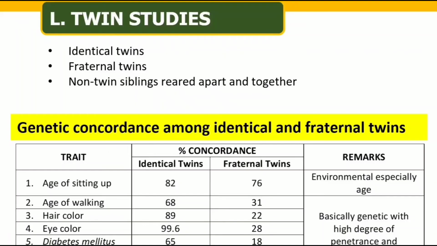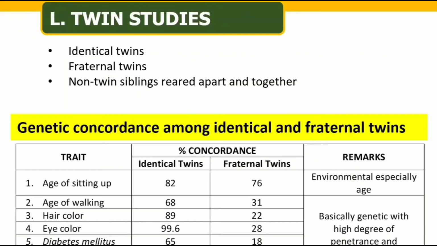If both members show the character, the pair is concordant. And if only one member of the pair of the twins shows the trait, then the pair is phenotypically dissimilar or discordant.